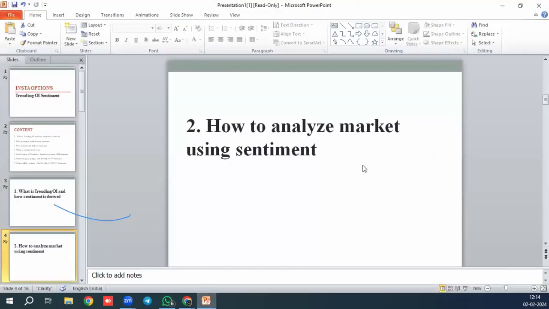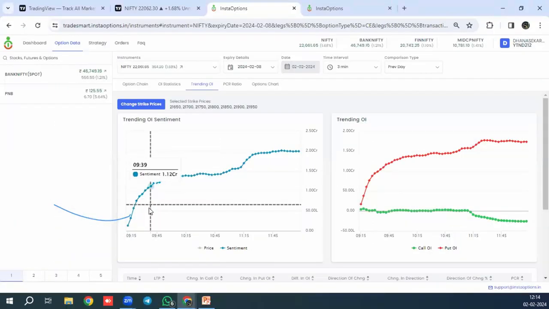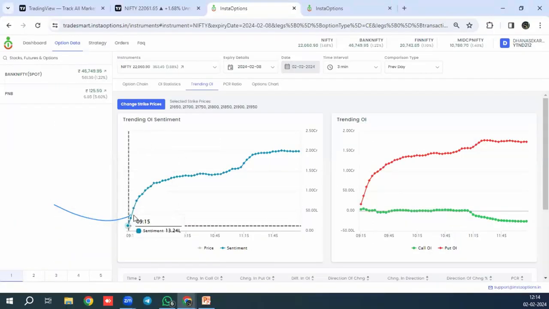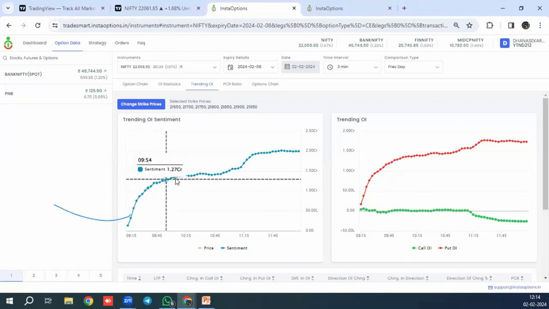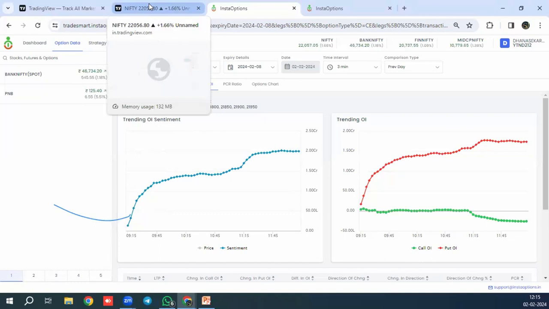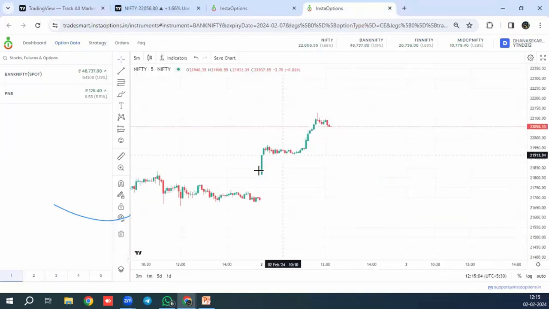So how to analyze the market sentiment? See, let's say sentiment is going positive and there is a huge consolidation. Let's go to the Nifty chart now. Sentiment going positive and there is a huge consolidation, right? As we all know, whichever side this consolidation breaks out, it is going to move in that direction.